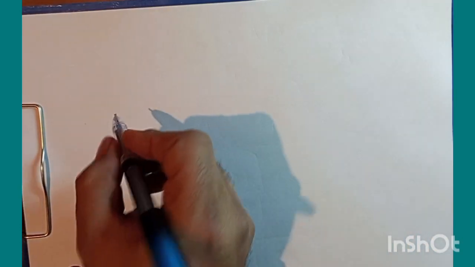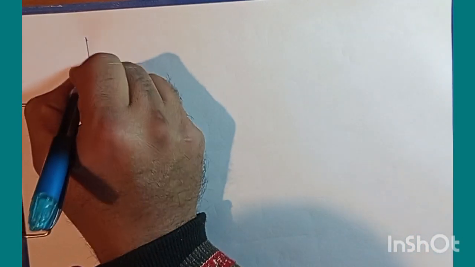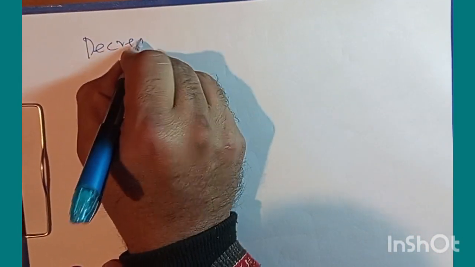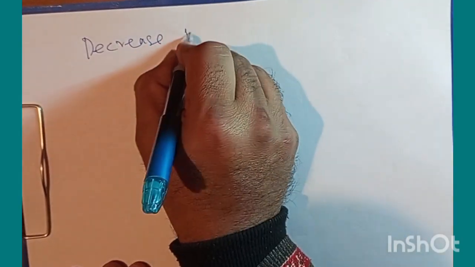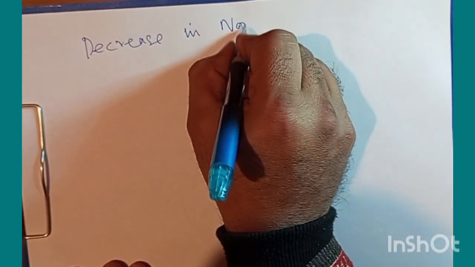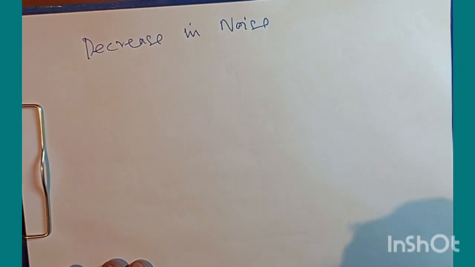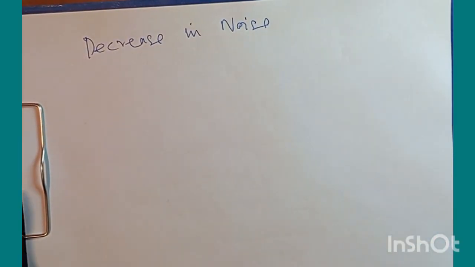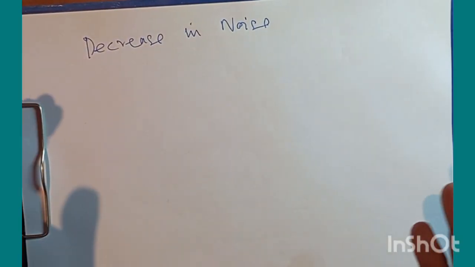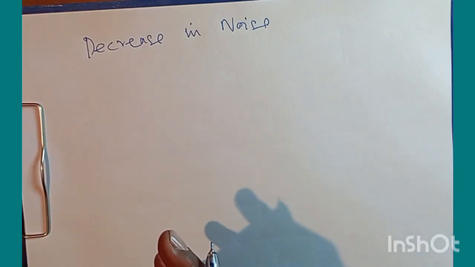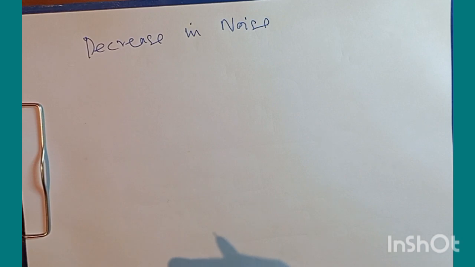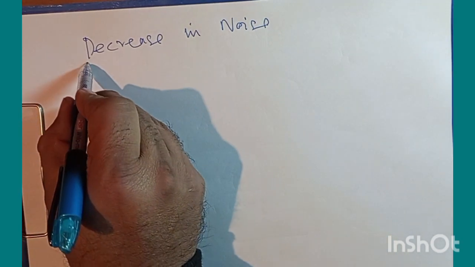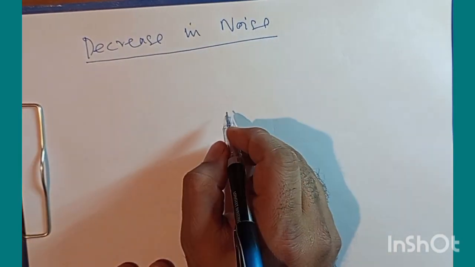If you do the same analysis for noise, what will happen in that case? For noise, you will have a decrease in noise. If your input signal is accompanied by some kind of noise, that noise can also be reduced by making use of negative feedback.